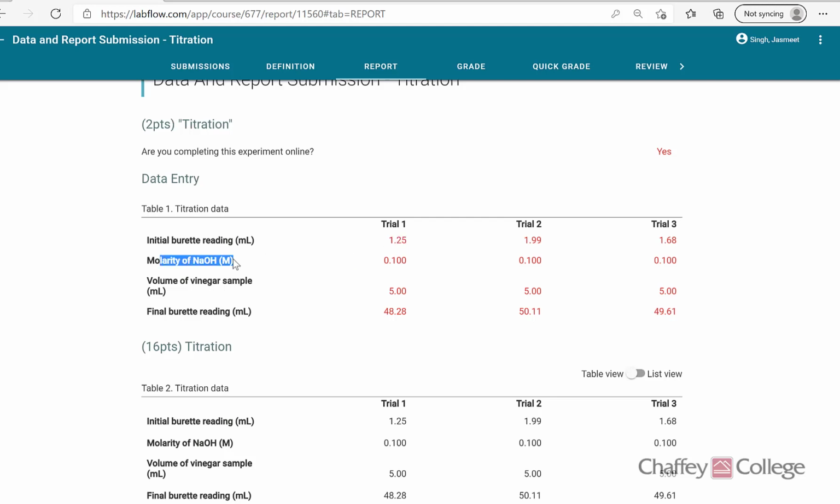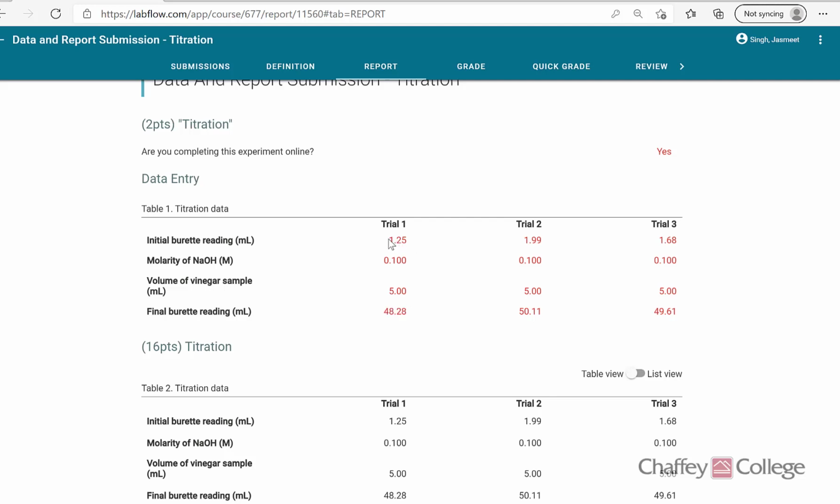It is also telling you the molarity of the base which was in the burette, the volume of acid which was taken in the flask, and how much base was added to completely neutralize the acid.